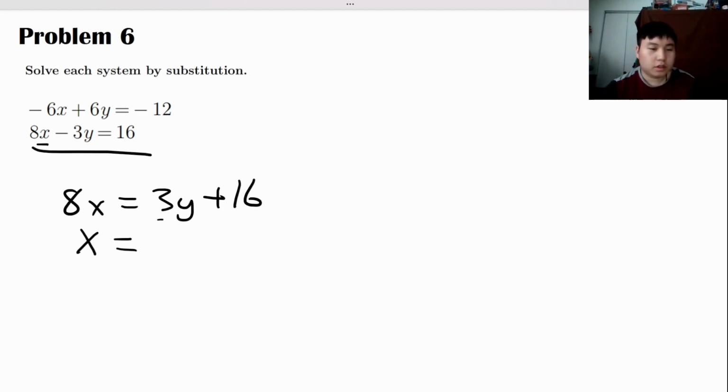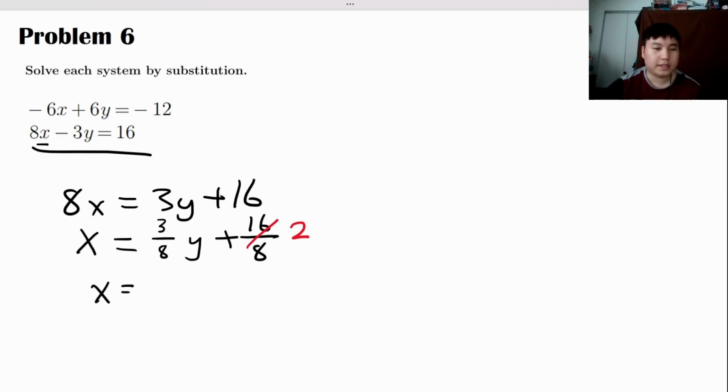So 3 over 8 y, which you can't simplify anymore, and 16 over 8 is just 2. So x equals 3 over 8 y plus 2. And that's what we have for x.